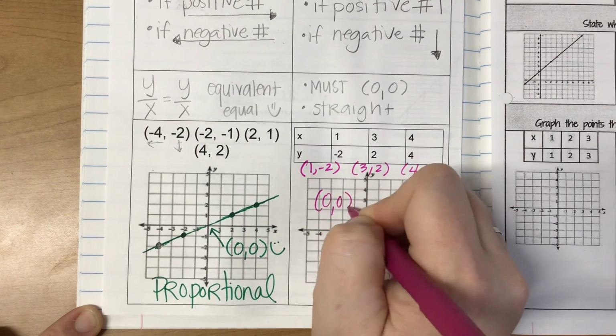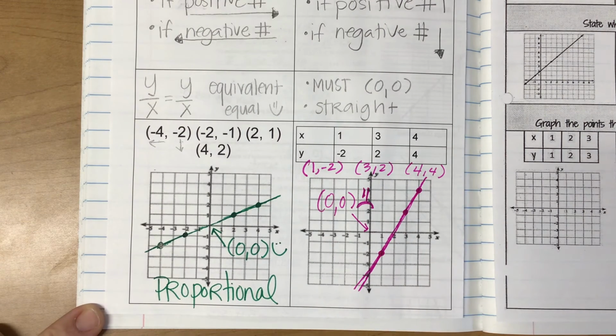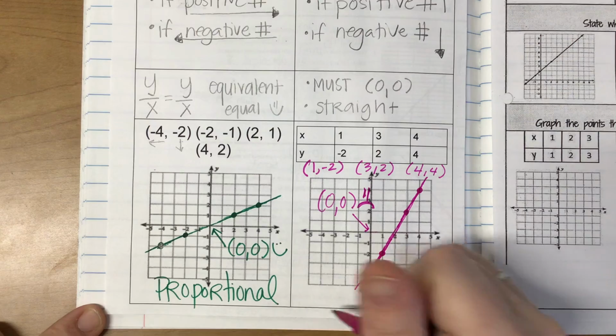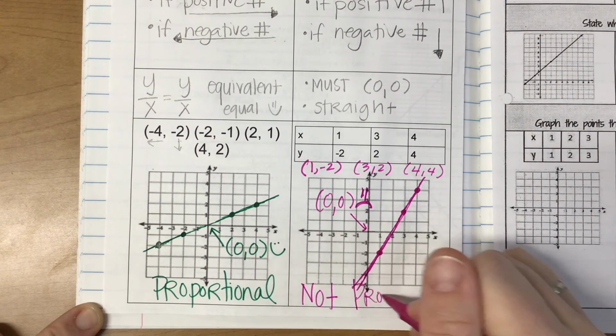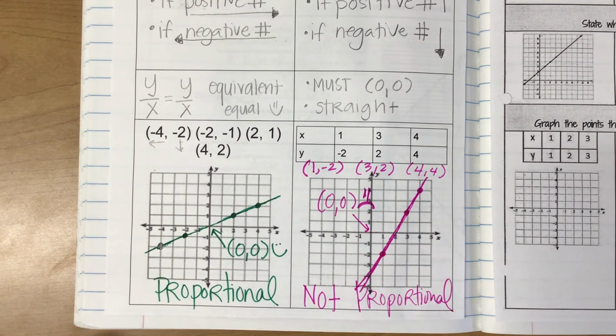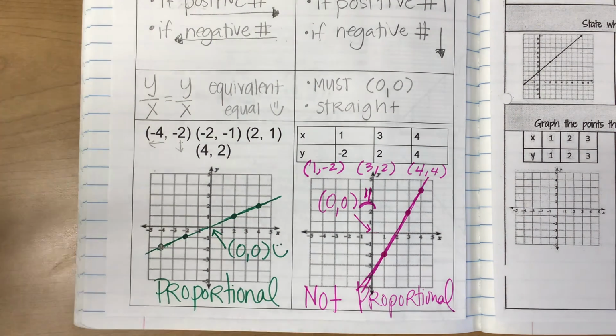That's 0, 0. Boo. It doesn't go through 0, 0. So is this proportional? No. So I'm going to put not proportional. It has to go through the origin, which is called 0, 0.